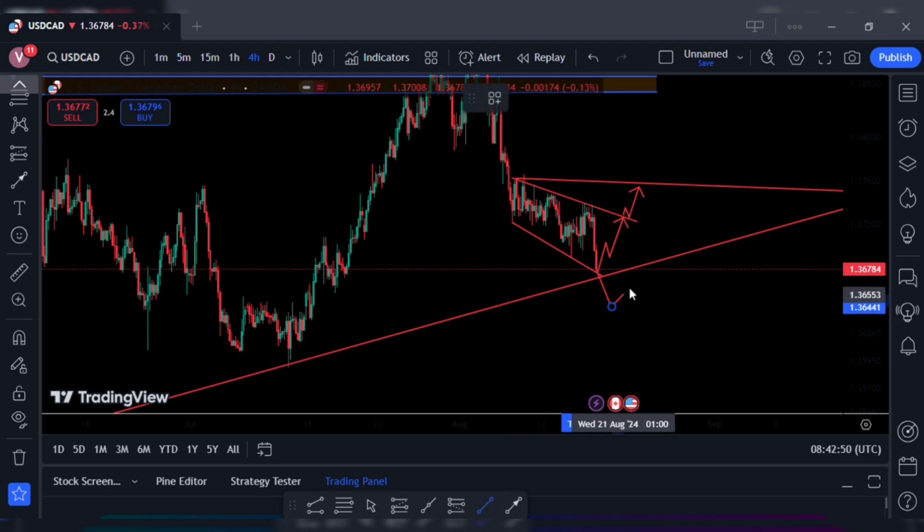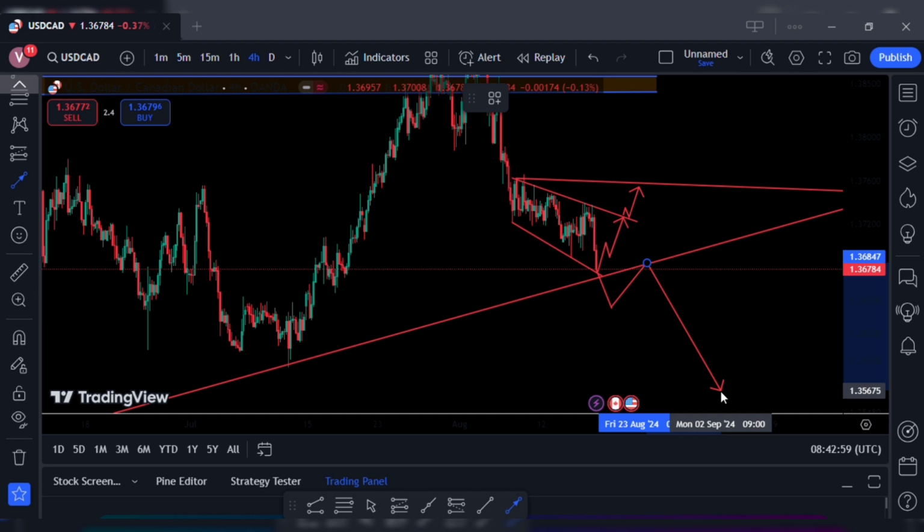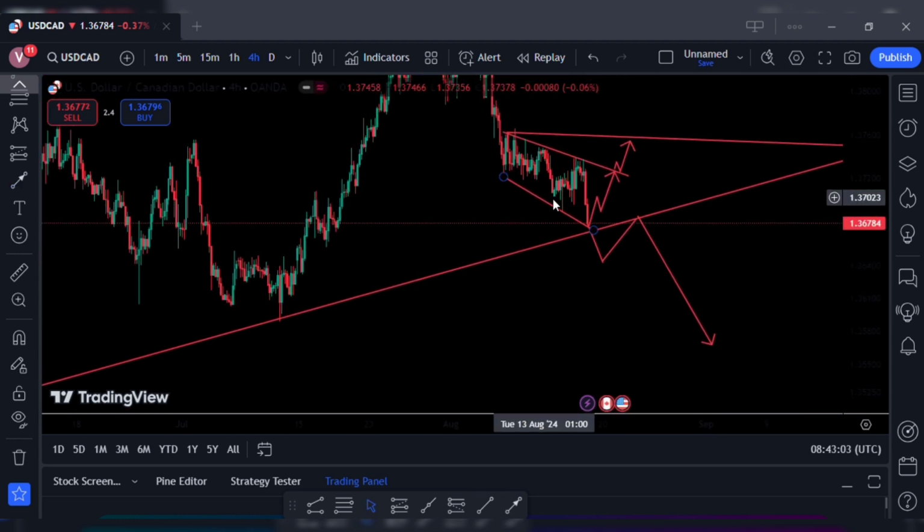Always wait for a retest after a breakout. It may take a longer time, but the wait is worth it. Wait for the market to give you a breakout and a retest like this, then you take your sell, right? Anything other than this, you are heading for losses. You understand?